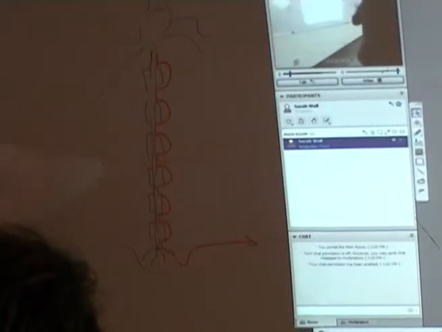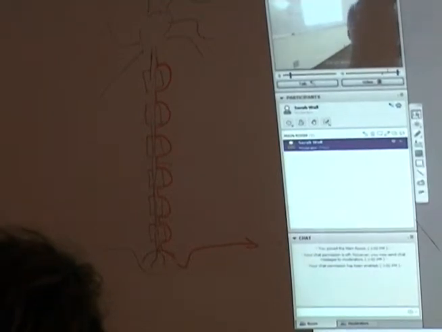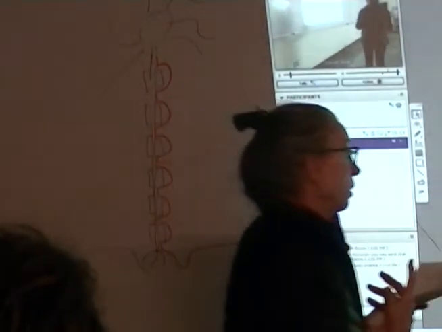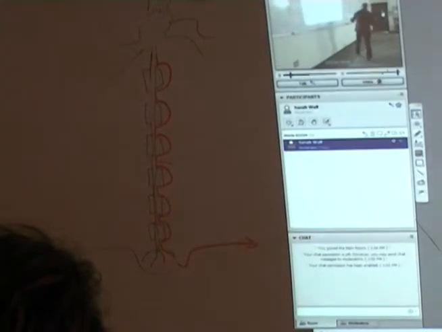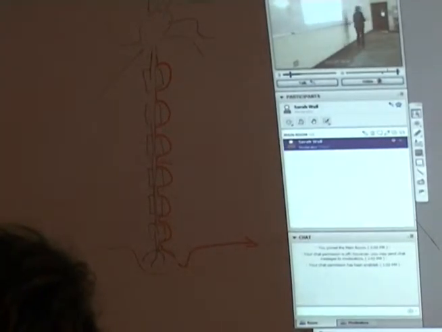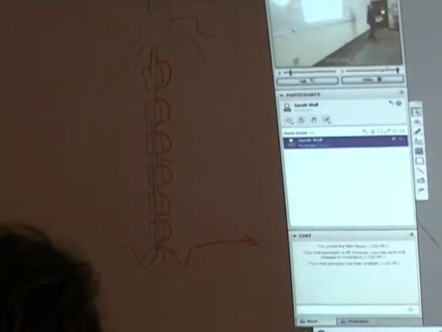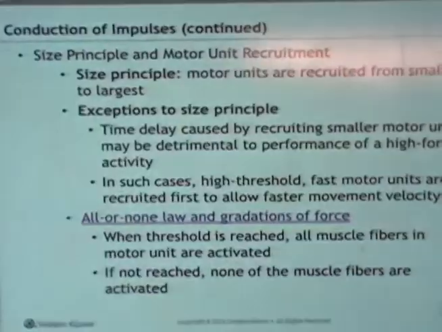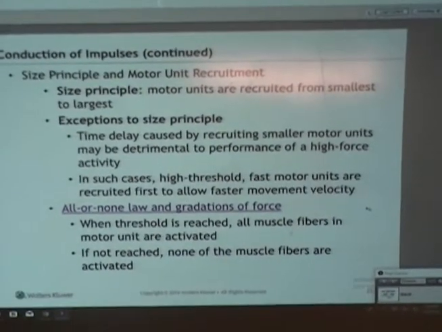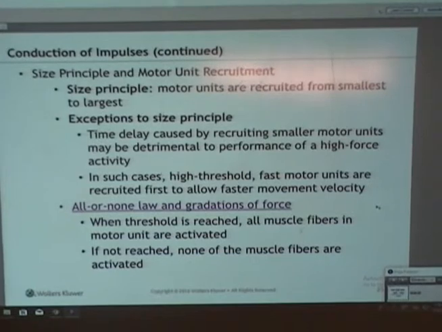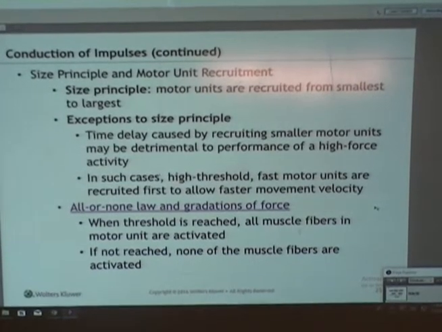So the benefits here are quite manifold because we don't want to waste energy turning on type 2Xs if we don't need to. The size principle and this all or none law allows us to recruit the easiest motor units to turn on, type 1, because they're the smallest.